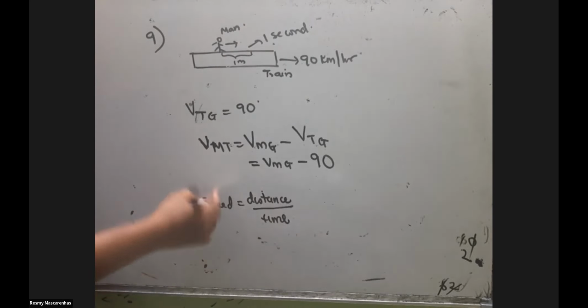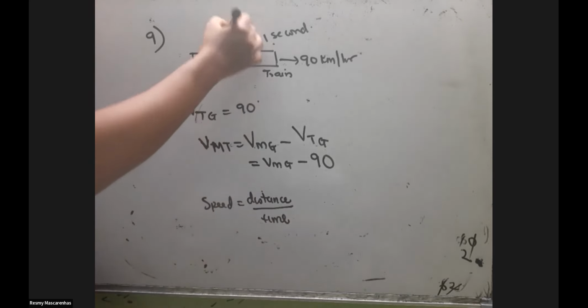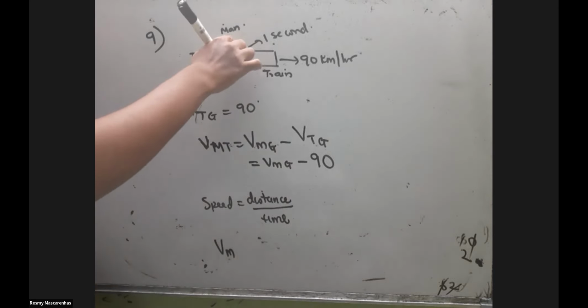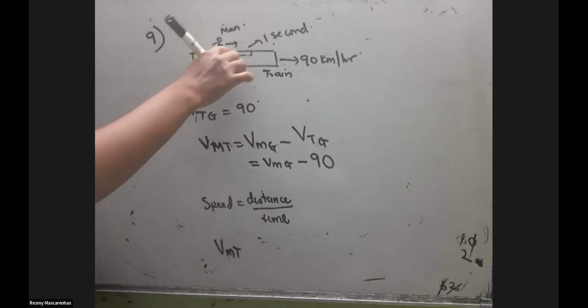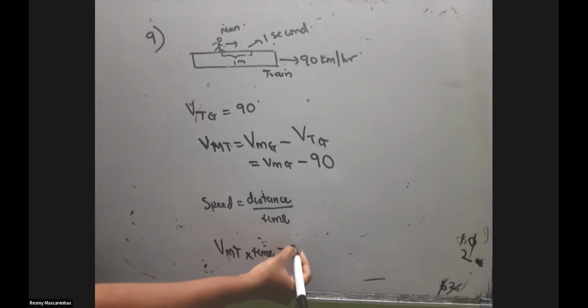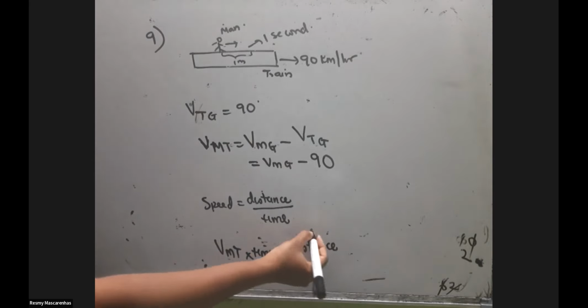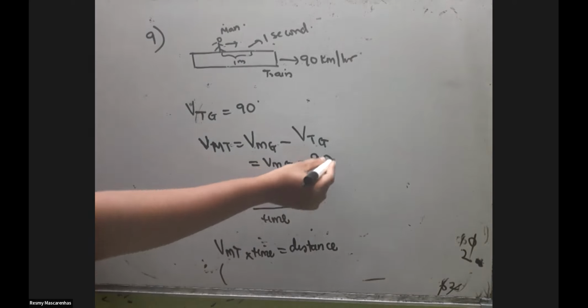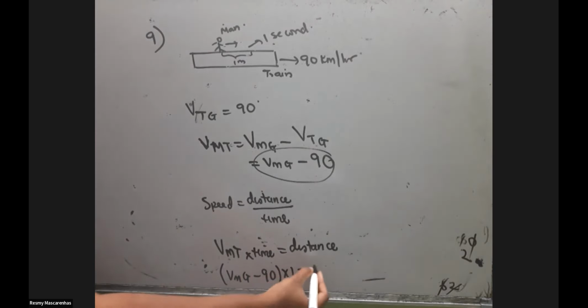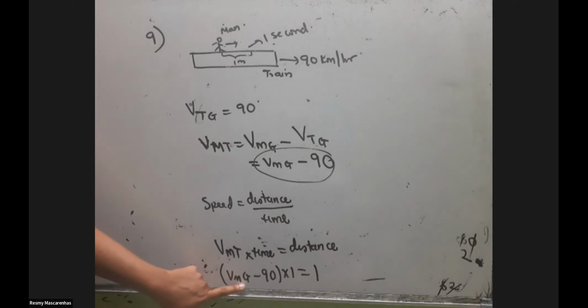So speed means velocity of the man with respect to the train, at what speed the man is moving with respect to the train, into time will be equal to distance. What is VMT? Just put this here. So VMT minus 90, time is 1 and distance is also 1. We'll calculate.